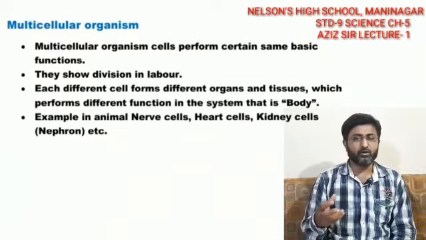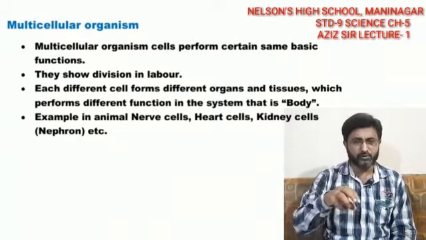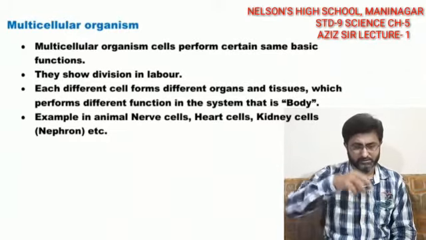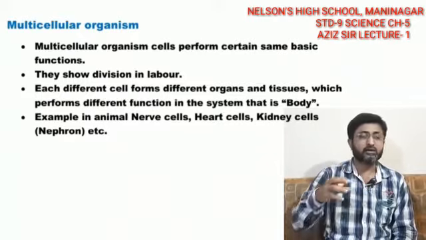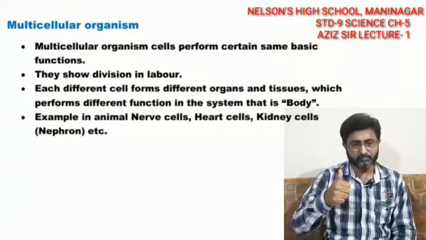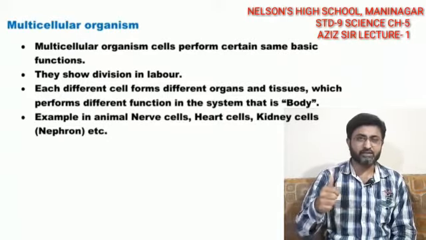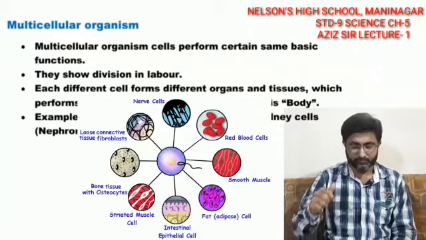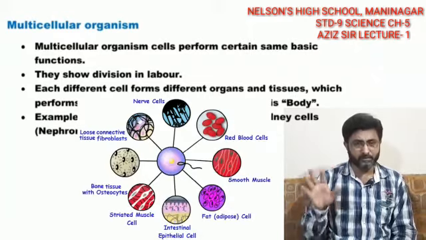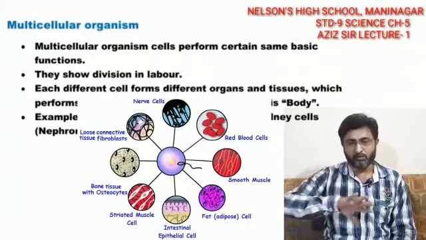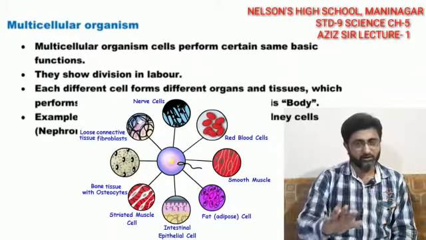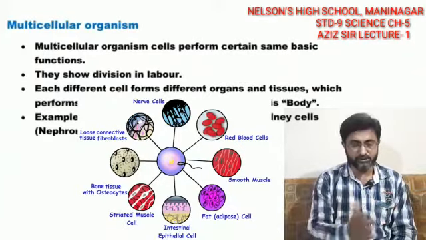They are made up of one basic cell only, but this cell, after growing, has undergone one change. This change is nothing but division of labor. They have turned different from each other and they have divided their duties. Their basic organelles are the same, but they have differentiated in their duties.